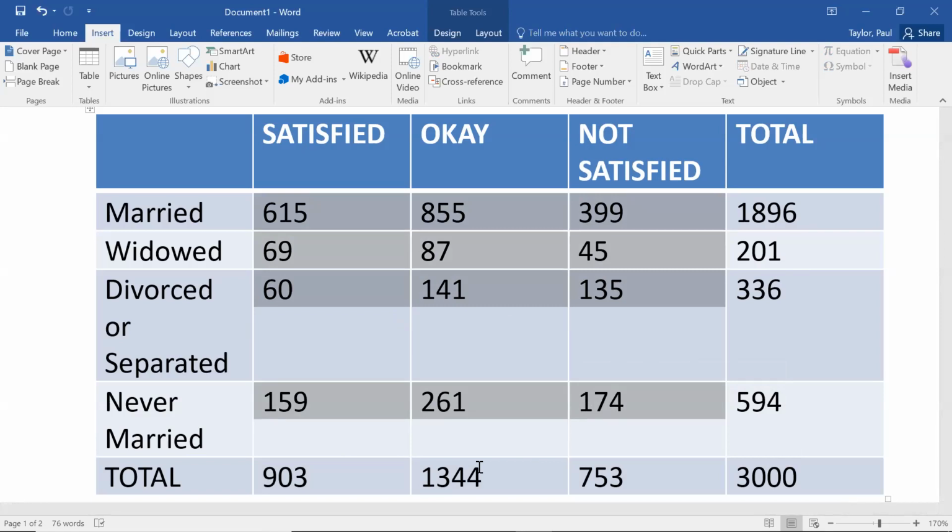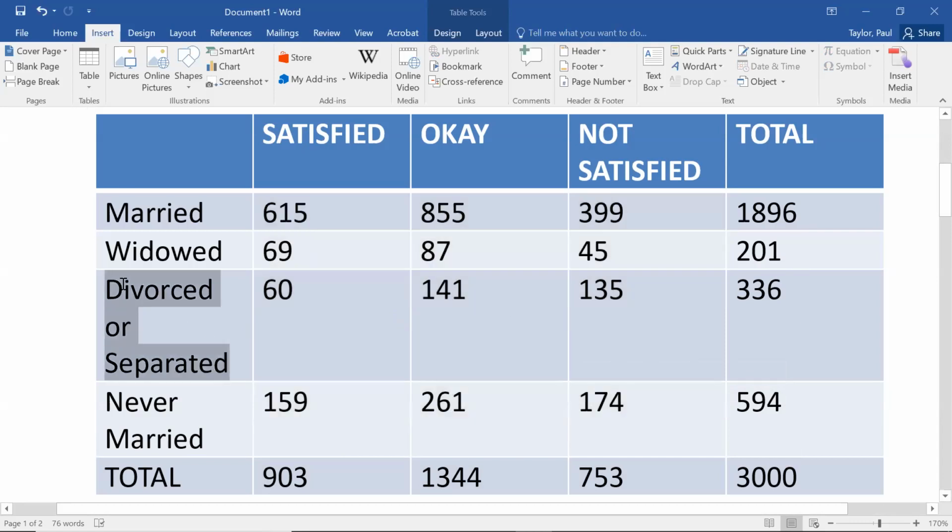Before we throw this into Minitab, one other thing I want to say is that there's a reason that this middle category here is divorced or separated. When I first got the data, there were separate answers for divorced and separated. I first pulled this data off the web about 10 years ago when I was teaching a different stats class, and I've lost track of the original data, but there were very few answers in the separated row.